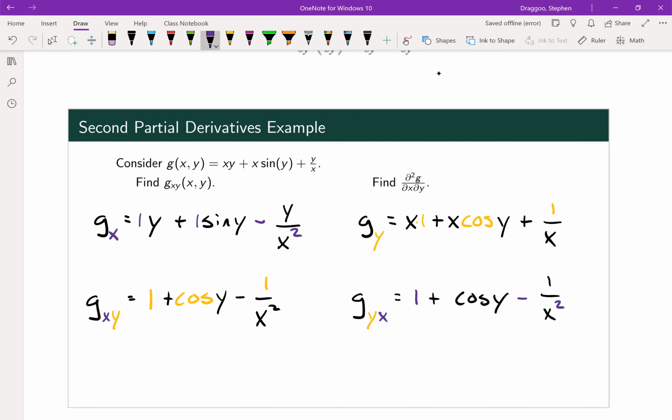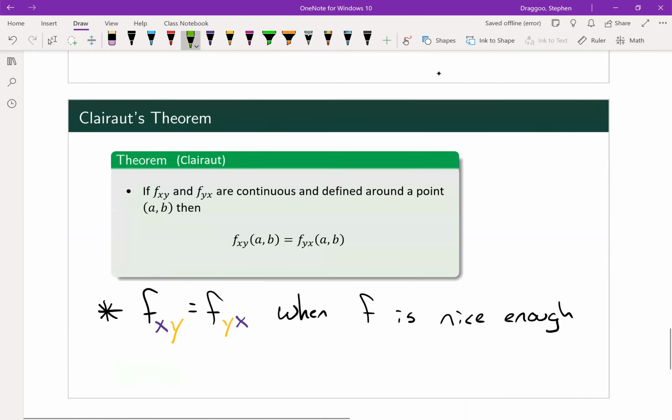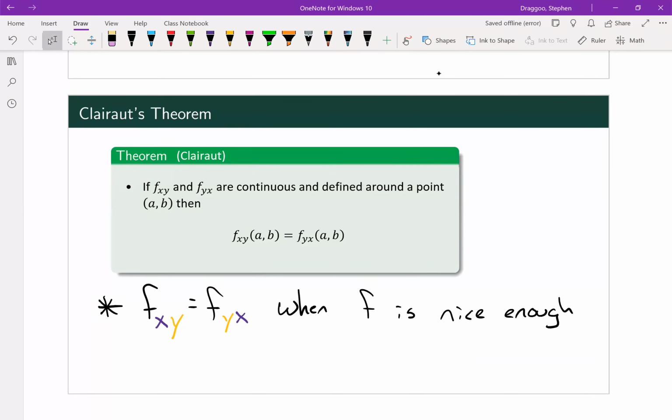And hopefully we've noticed something interesting about these two mixed second order partial derivatives, and that's that it didn't matter if I did x first and then y, or y first and then x. I ended up getting that those two were equal, in both cases 1 plus cosine y minus 1 over x squared. And in fact, that is the theorem that we're going to look at for this section, specifically Clairaut's theorem. This one's fancy enough to get its own name.